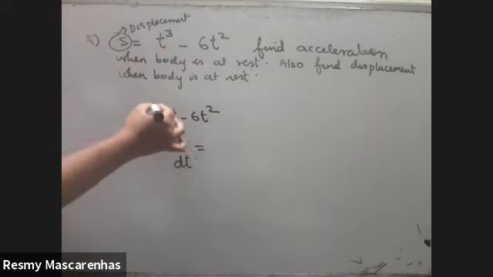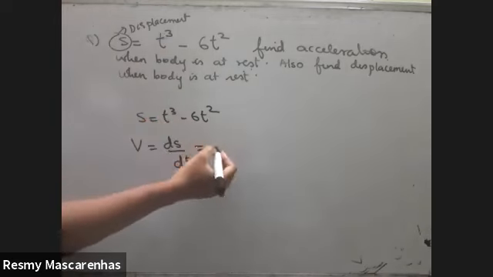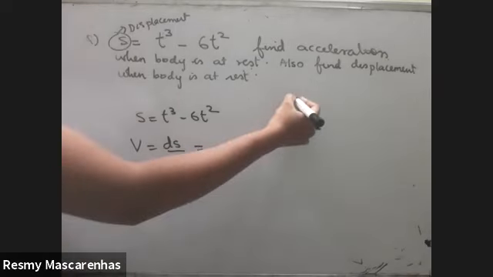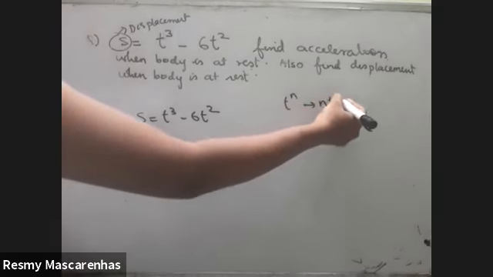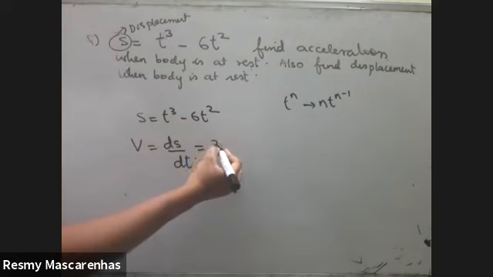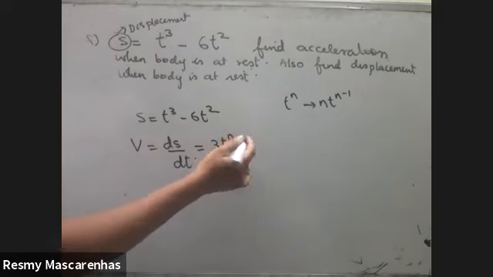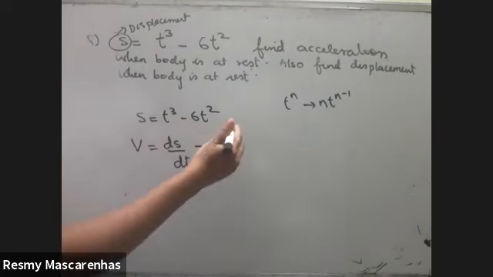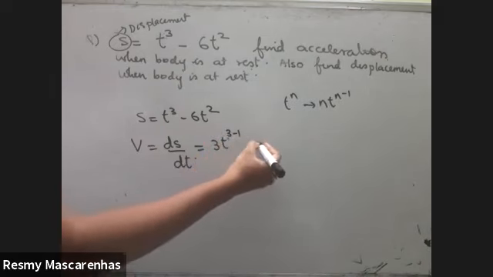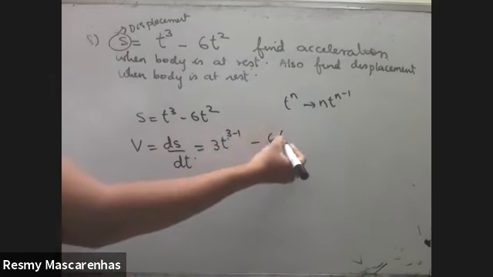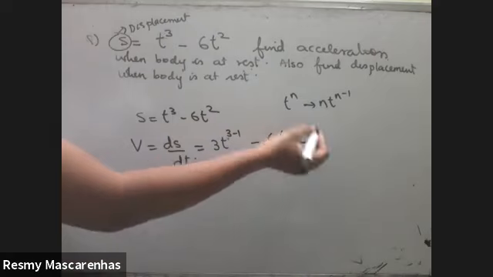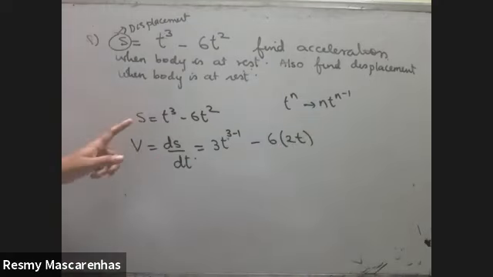So what is derivative of t cube? Use the formula: derivative of t raised to n is n times t raised to n minus 1. This will be 3 t raised to 3 minus 1, or directly you can write square, no problem. This is the coefficient and derivative of t square is 2t. So from distance, first I'll find velocity and then after that I'll find acceleration. Directly from distance, we can never find acceleration. There will be two steps.